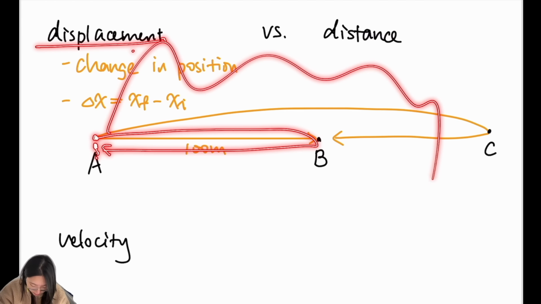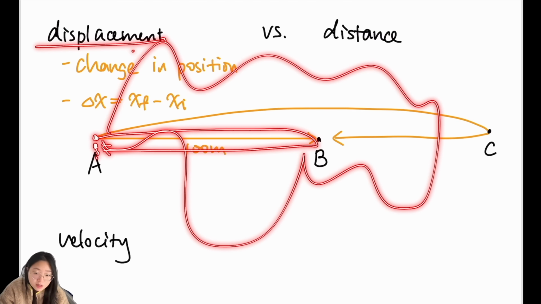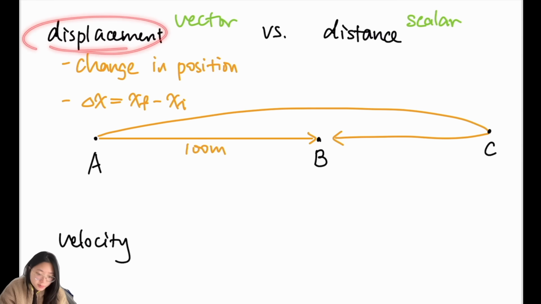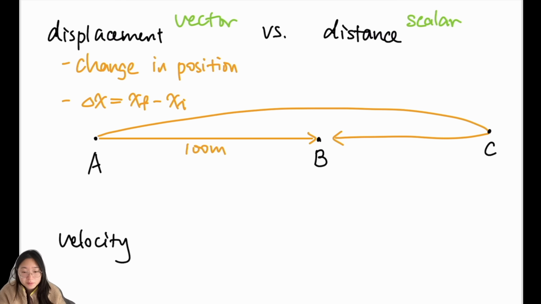You can take whatever route, and when you're back to A, your displacement is always 0, while distance is not. And in physics, we always use displacement to calculate all the information you want rather than the distance.